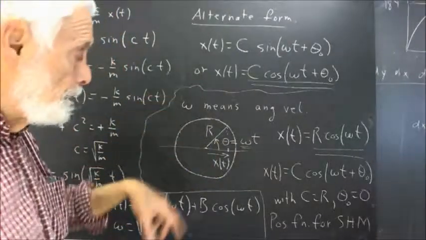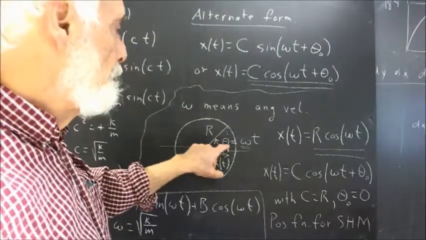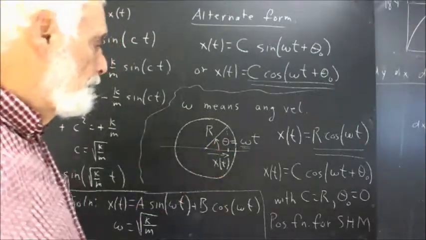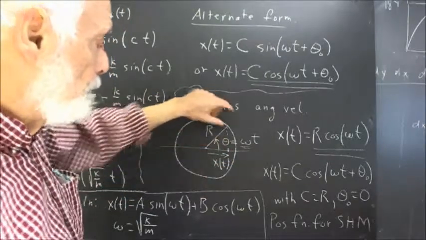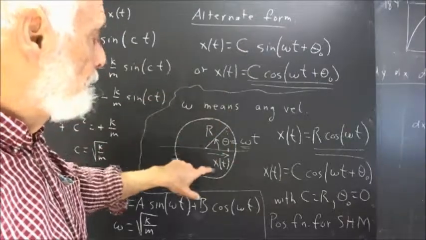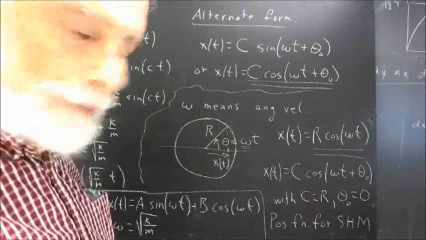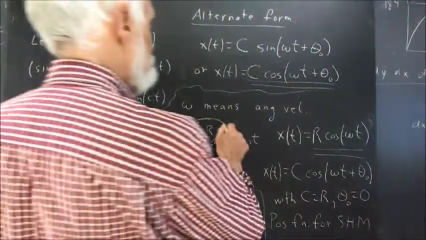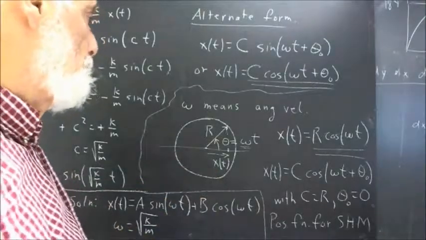And this is characterized by theta as a function of t being equal to omega t, and the x projection of the point on the reference circle having radius r, is a vector x of t. So the projection of the r vector, if you wish, is the x of t vector.